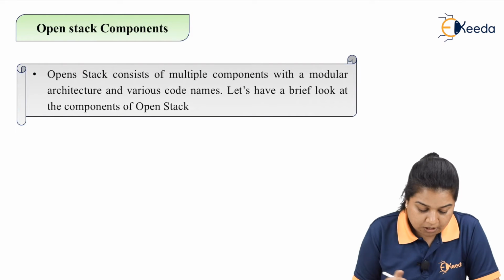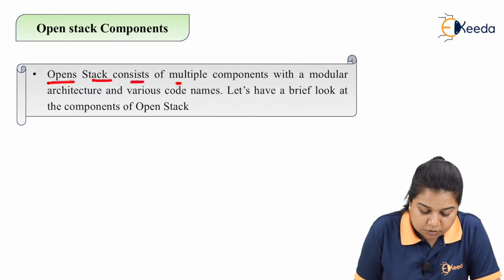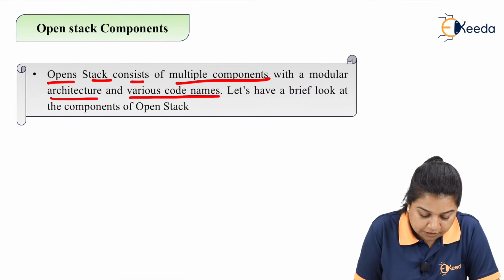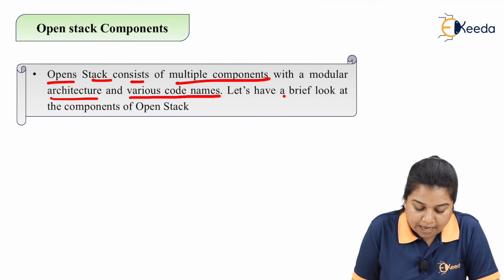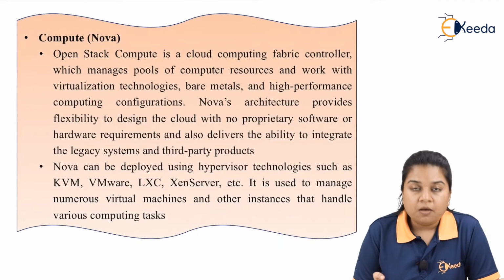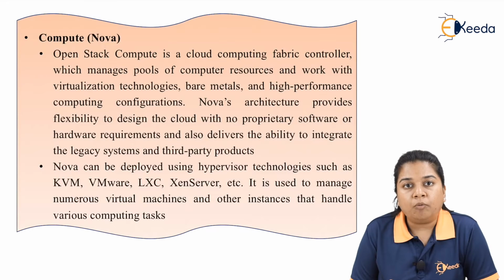OpenStack components. OpenStack consists of multiple components with a modular architecture and various code names. Let us have a brief look at the components of OpenStack. What are they and how do they work? Why are they useful? First comes compute. The component for compute is Nova.